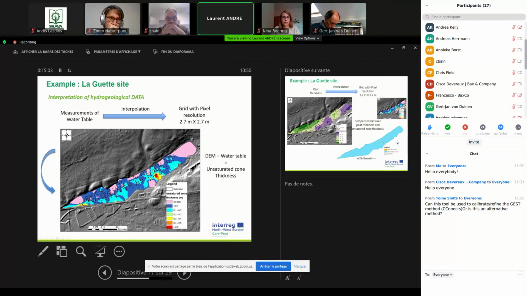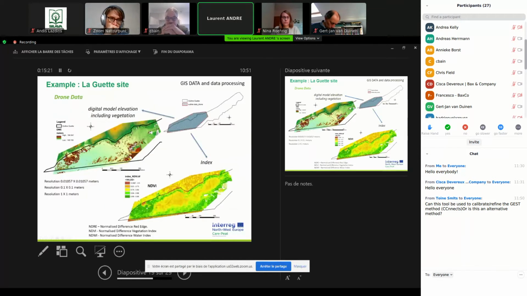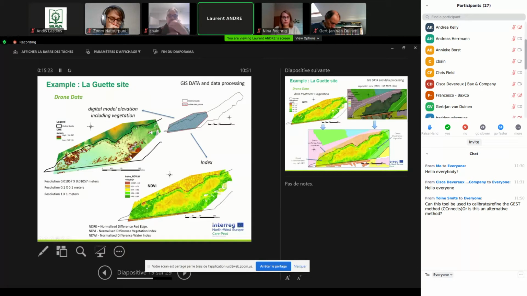So it is, of course, easier to determine the map and the position of the water table. Of course, we also have the peat thickness to determine.